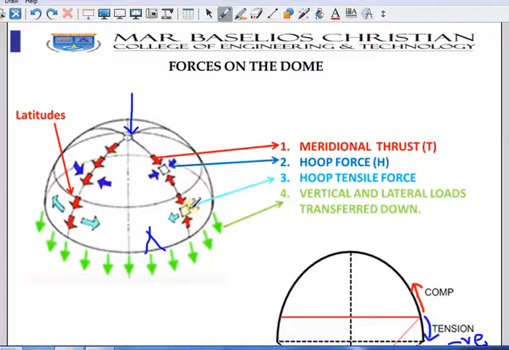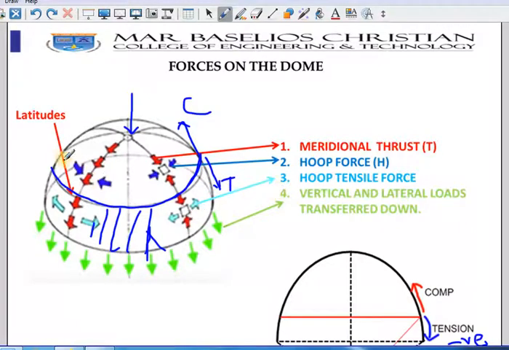You can see here it is a tension. So this band is called the tension band, and this ring divides the compression and tension. Above here it is compression, and below it is tension.